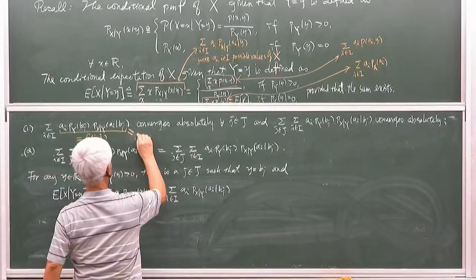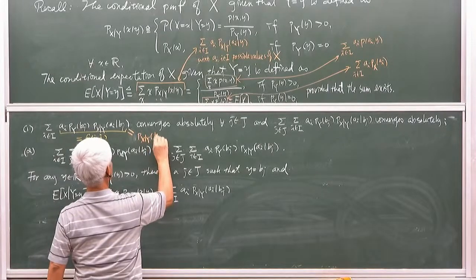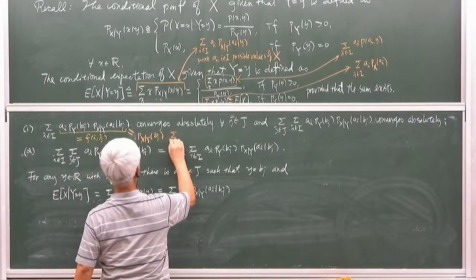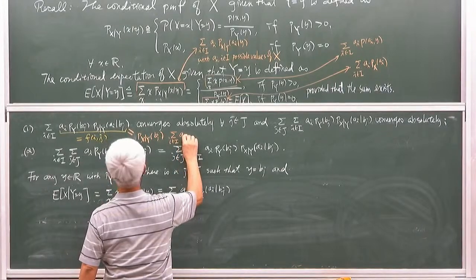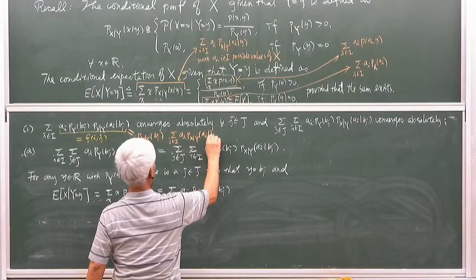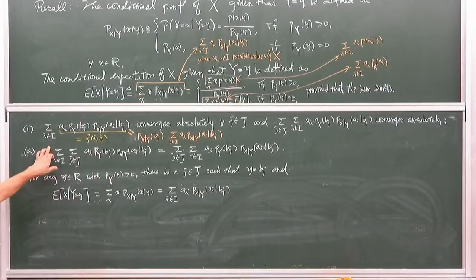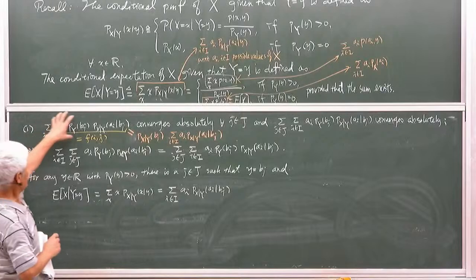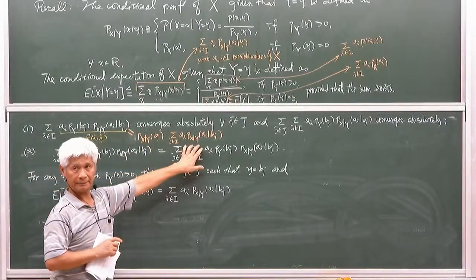So this summation is this factor times this series sum.